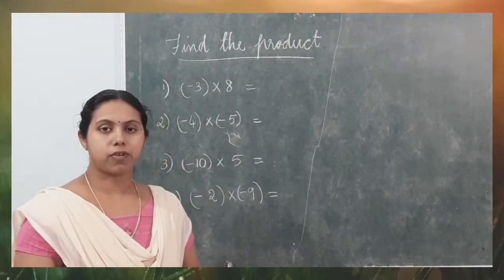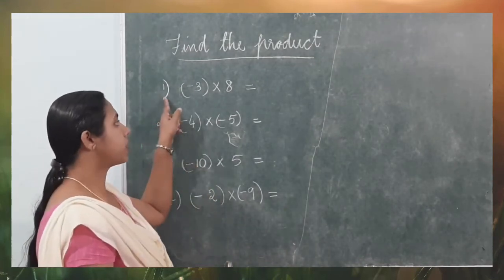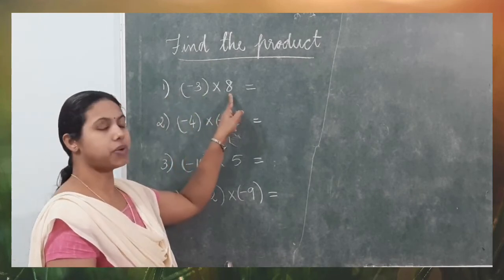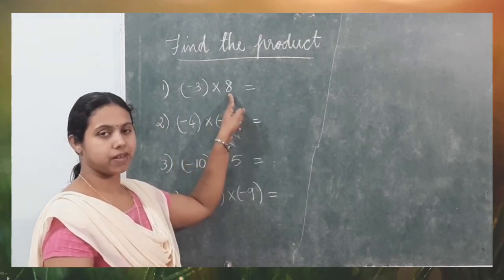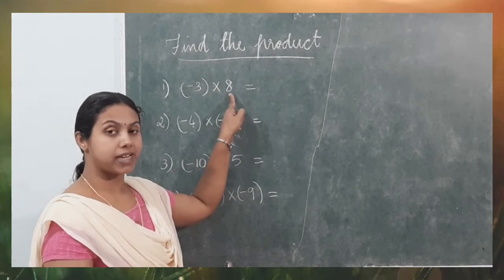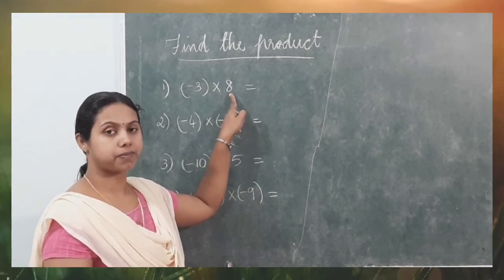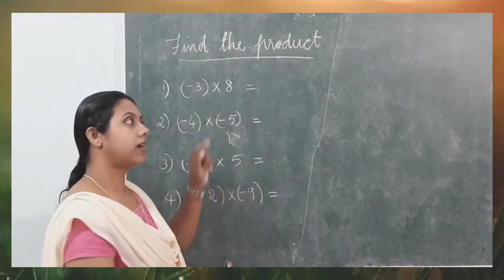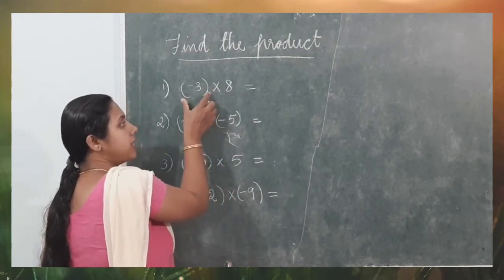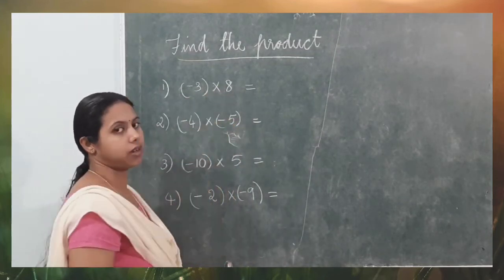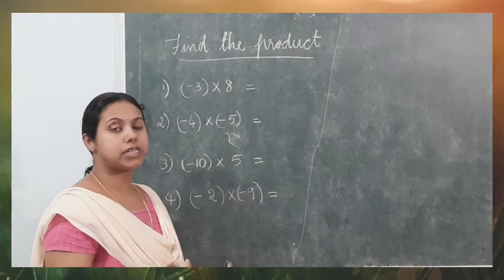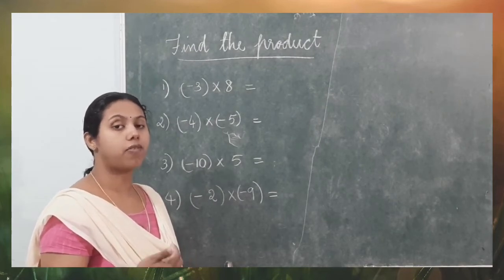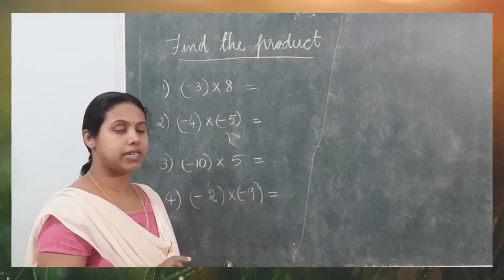Find the product of the following. First question, minus 3 into 8. What is the answer of minus 3 into 8? We know that it's one negative integer and a positive integer. The product of a negative integer and a positive integer is always a negative integer.